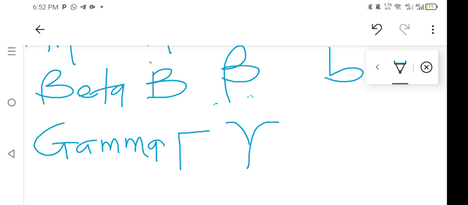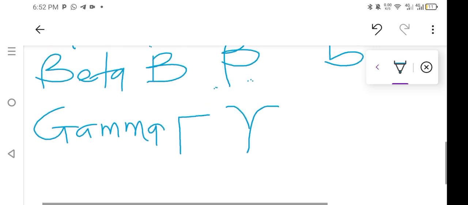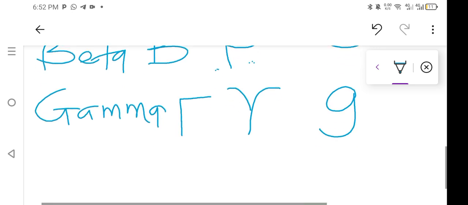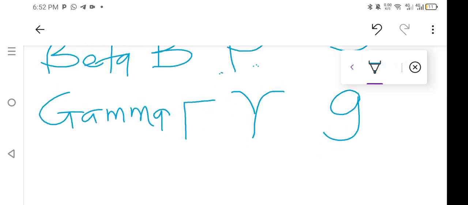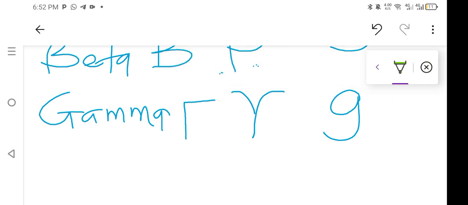That in the Greek alphabet is not a Y. It is a gamma, which is equivalent to the English letter G. So what looks like a Y here is actually not a Y. It is a gamma, which is equivalent to the English letter G.